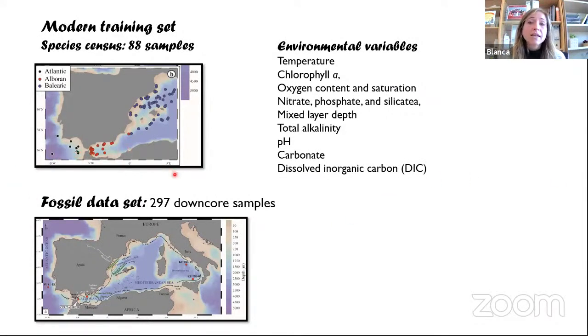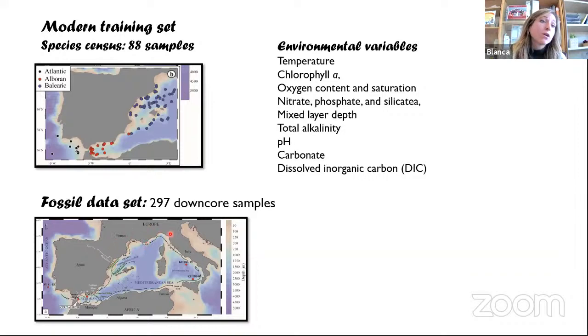The model training set has two groups of data, as I said before: the coccolithophore species census counts based on over 90 samples, and then the environmental variables that have been obtained from Ocean Data View software and averaged annually and seasonally for summer and winter, and selected for different depths.